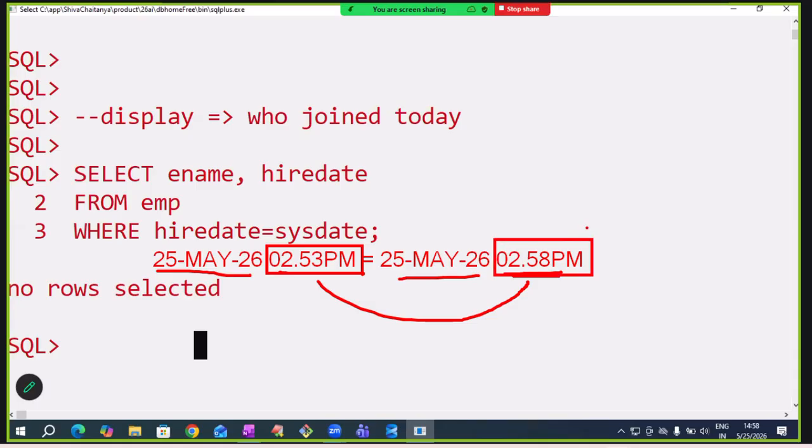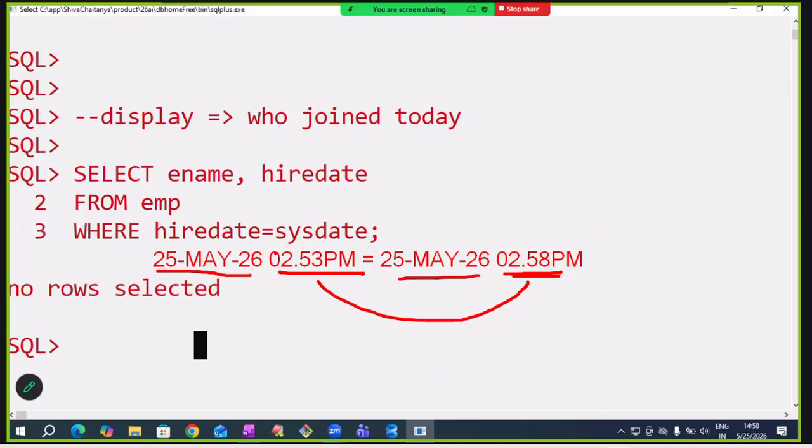What do we have to do? Remove the time from sysdate, remove the time from hire date, and compare. Now are both values equal or not? This is the solution. First understand the problem, then think about the solution.